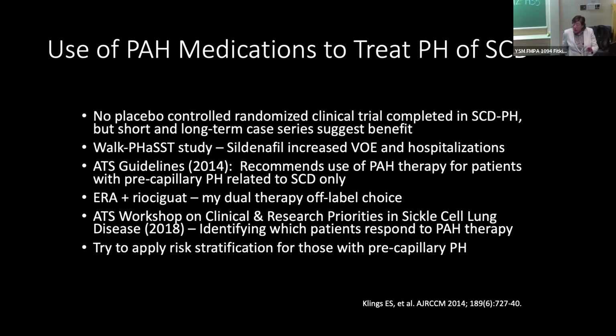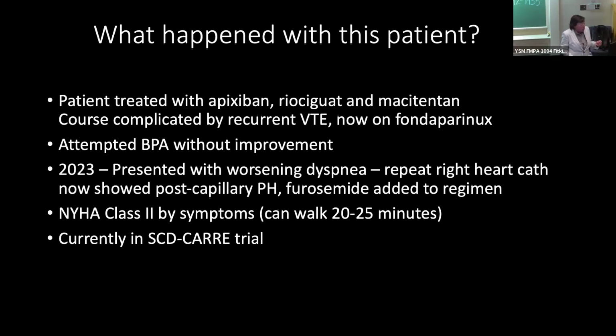The increased rate of vaso-occlusive crisis did not happen in this population. These data were published last year. And so I think about an endothelin receptor antagonist and Rio, and in my own practice I try to apply risk stratification. So what happened with my patient?